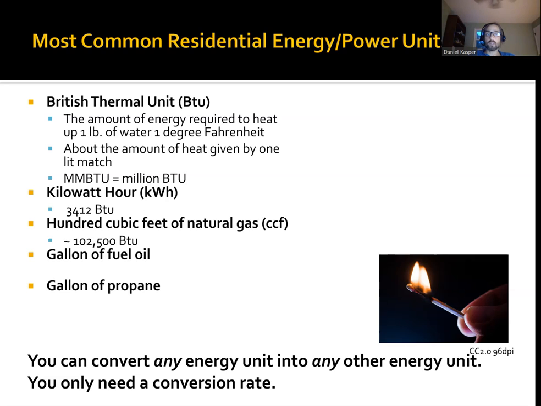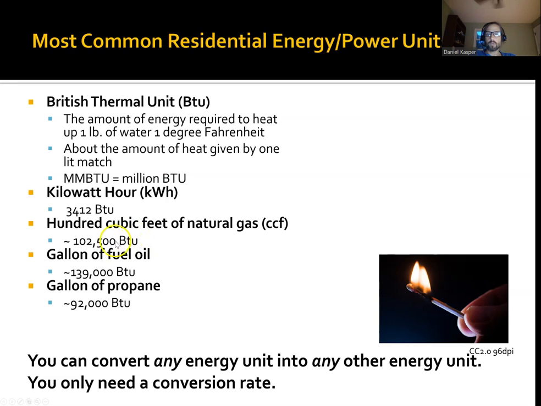We have CCFs, which is natural gas. That's 100 cubic feet of natural gas. That's what the CCF stands for, 100 cubic feet. Gallon of fuel oil, and propane. Now each of these have different BTU conversions. These are not universal.